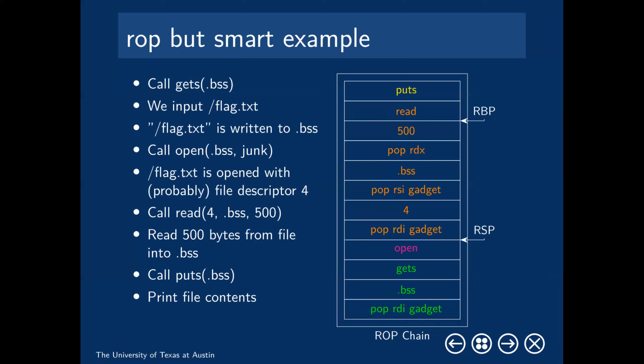We could use this ROP chain instead to just read the flag. So it's not super common, but it does come up in CTFs occasionally. I don't know if it would ever come up on one of our CTFs though.